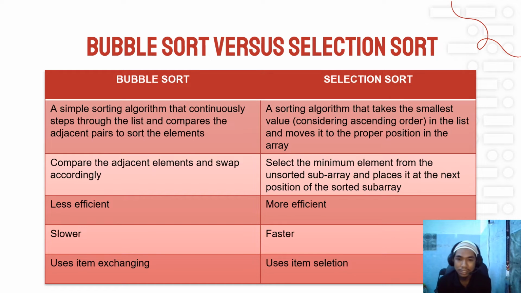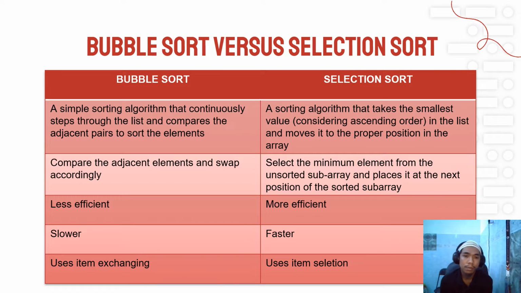But for selection sort, it selects the minimum element from the unsorted subarray and places it at the next position of the sorted subarray. For bubble sort, it is less efficient, but for selection sort, it is more efficient.